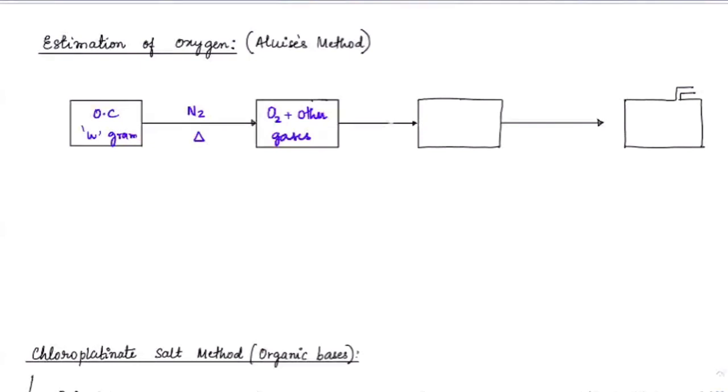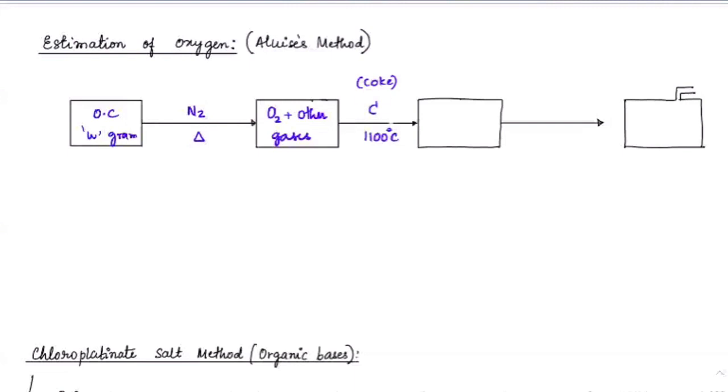because that is the atmosphere you are maintaining. Once you have this, we react all these gases with carbon around 1100 degrees centigrade. This carbon is in the form of coke, a powdered black carbon.